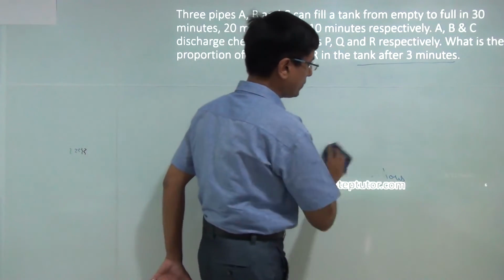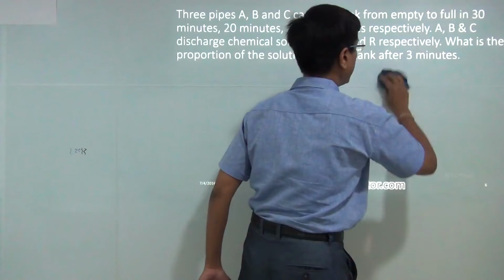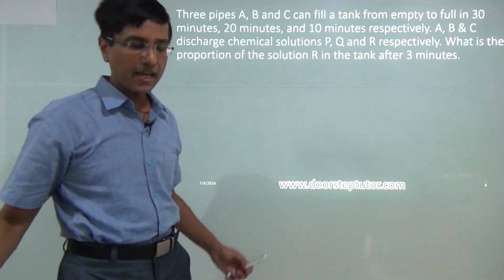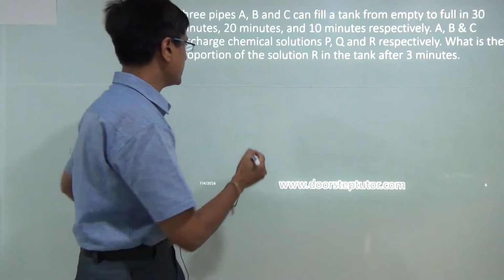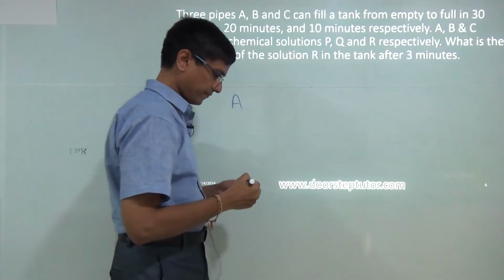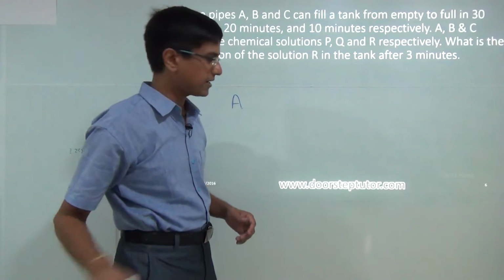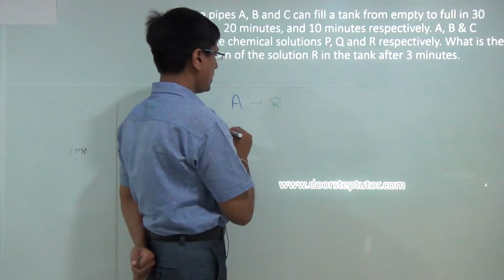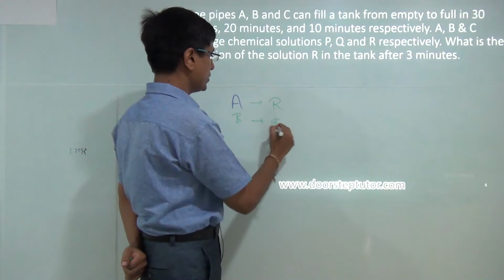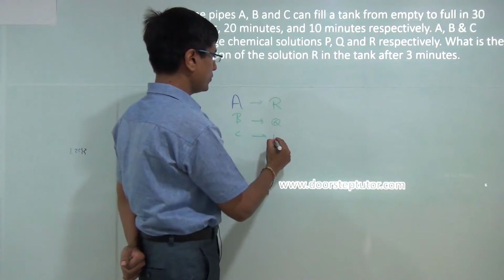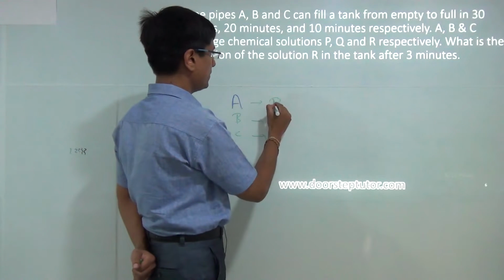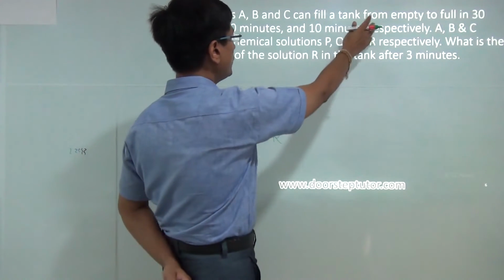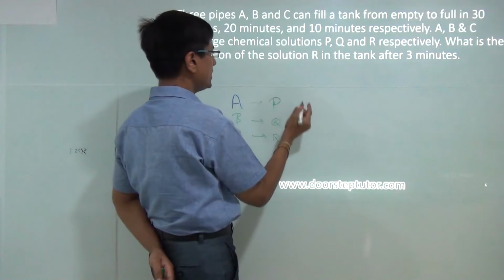In this case also, we are given 3 pipes, and instead of pouring just one kind of solution, they are pouring 3 different kinds of solutions. So pipe A is pouring solution P, pipe B is pouring solution Q, and pipe C is pouring solution R. Now these are pouring at different rates.